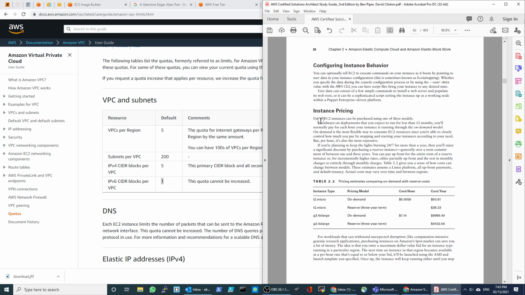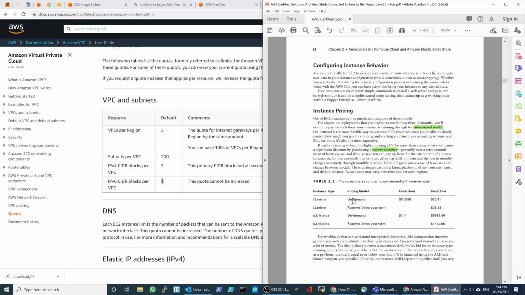Then instance pricing. Pricing is changing, it's evolving, but take a look at different examples. You have the on-demand model, and you have the reserved instance. You could reserve it for 1 year or 3 years, and you have different models.